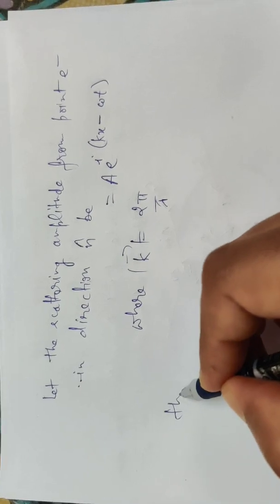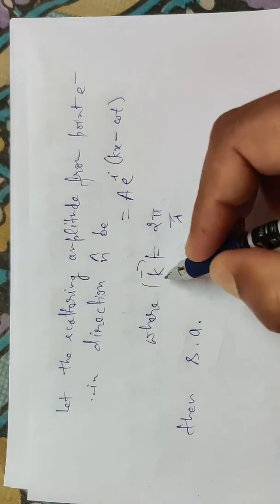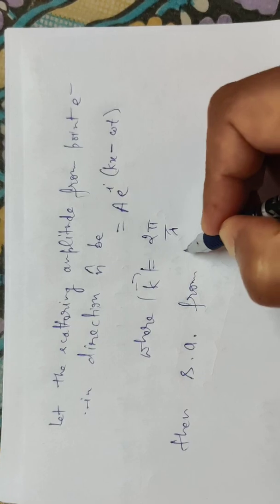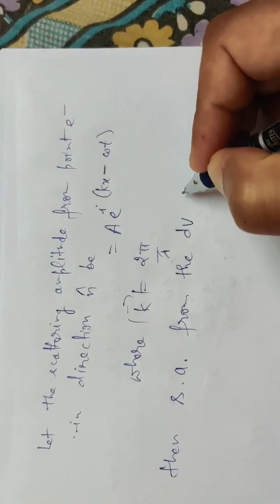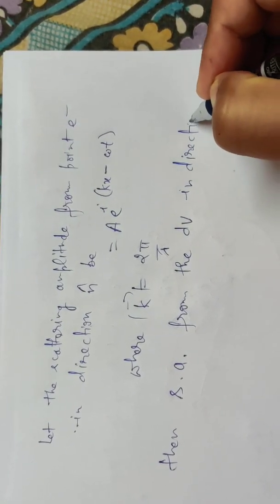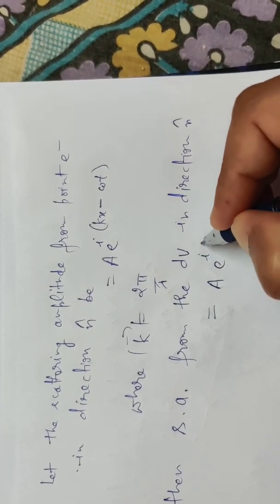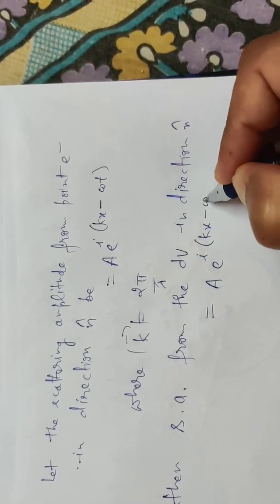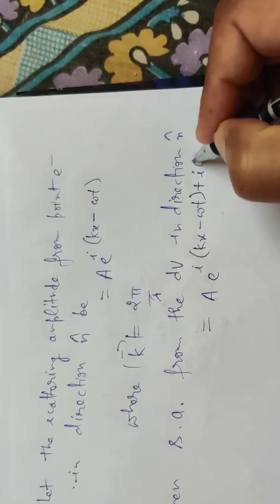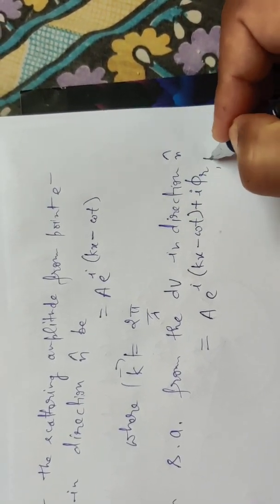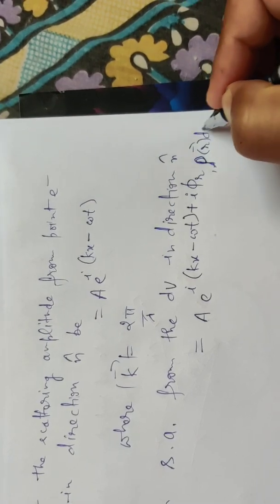Now the scattering amplitude from the volume charge distribution element dv in direction n will be a into e to the power i(kx minus omega t) plus the phase difference, that is i phi r, into the volume charge distribution rho r dv.